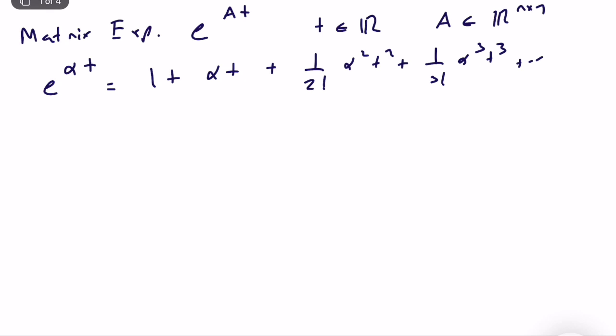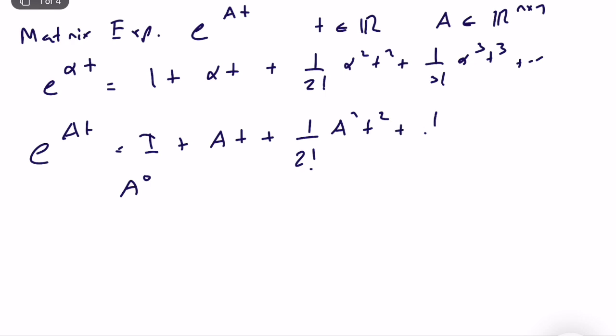So we start with the same definition. We assume that e to the power At is defined the same way, but instead of 1, we start with an identity matrix, which is technically A to the power 0, plus A times t plus 1 over 2 factorial A squared t squared plus 1 over 3 factorial A cubed t cubed, and it goes like this.